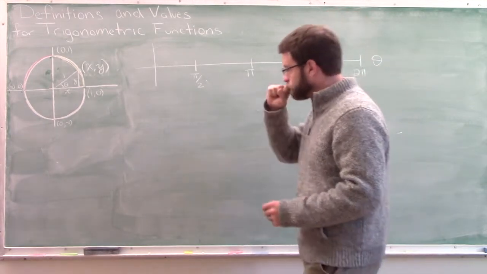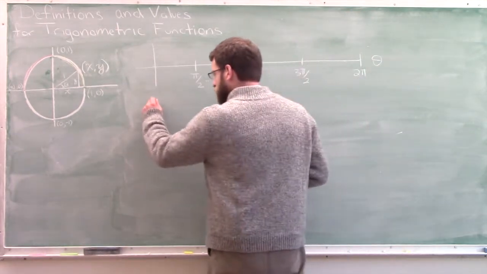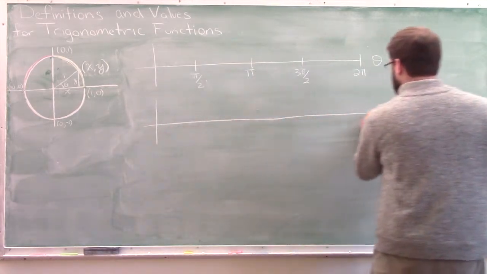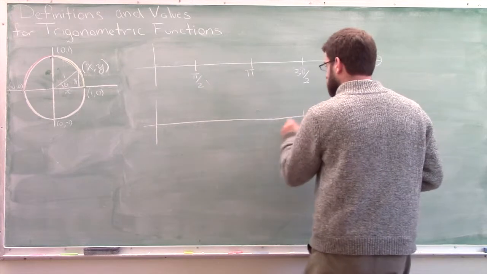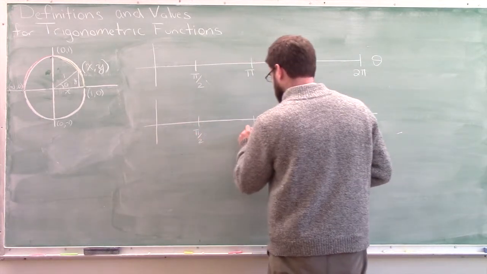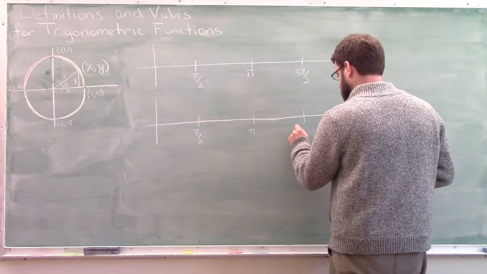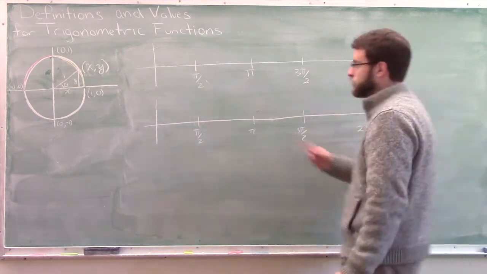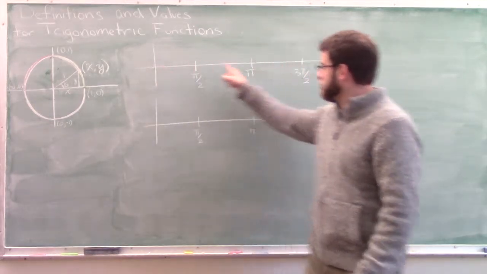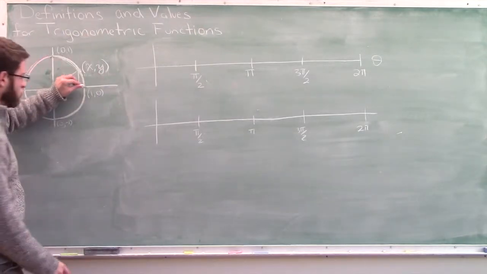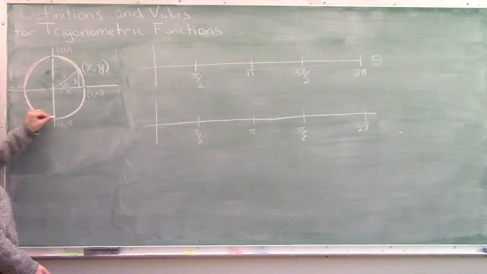So let's draw in another coordinate axis so we can draw sine and cosine separately on two separate axes. We're going to go from 0 to 2 pi, so we're going to go around this unit circle exactly once.